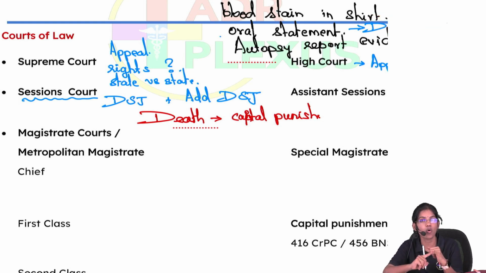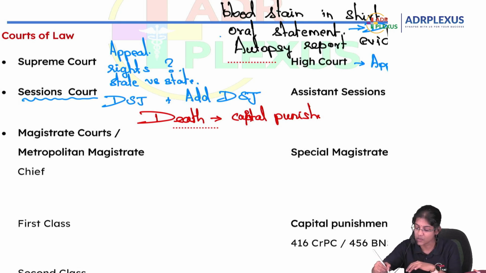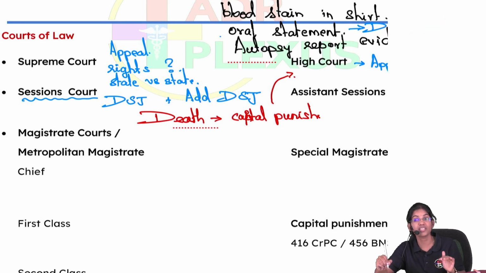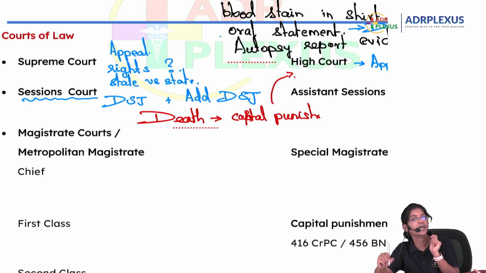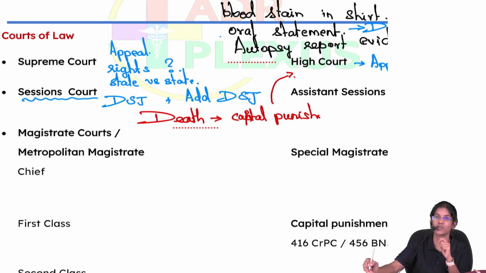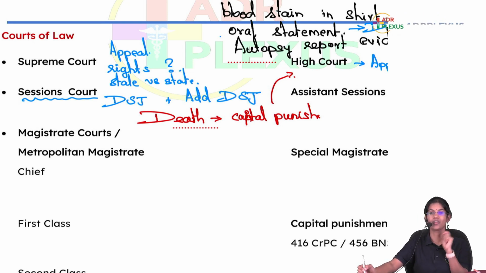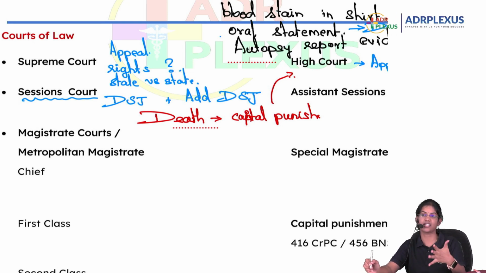Sessions Court can give a death sentence, but this death sentence has to be approved by the higher court. So the question that they have asked twice is, which is the lowest court that can give the death sentence? It's the Sessions Court, but it just requires approval.